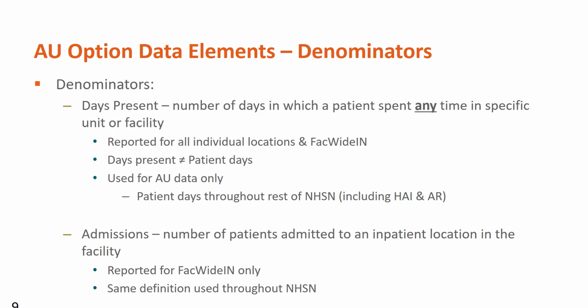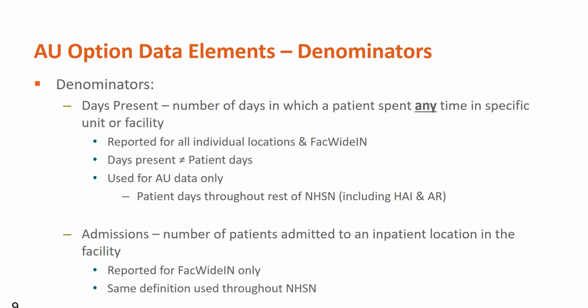So we'll cover an example of counting days present versus patient days on the next slide. But I did want to point out that they are different, and days present is used for AU data only. Patient days is actually used throughout the rest of NHSN.